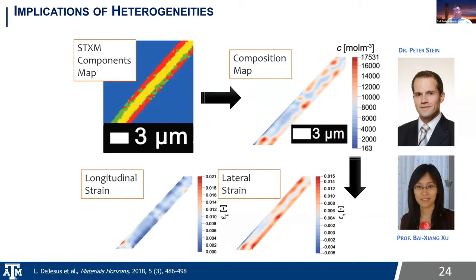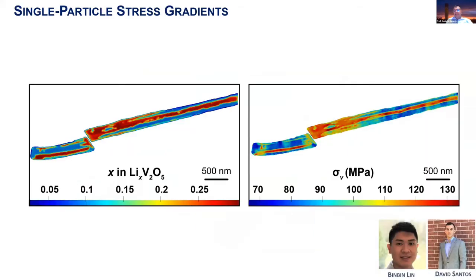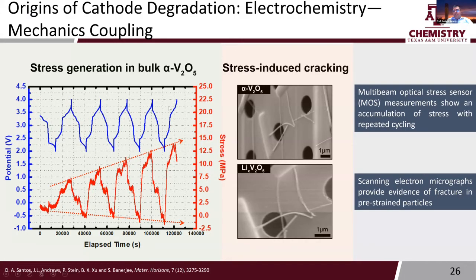These stresses build up and fatigue sets in, and these particles start to really break up in the cathode. And this is at the single particle level. Again, this is the composition map, and as a result of the inhomogeneous compositions, you see very inhomogeneous stress gradients inside the system.